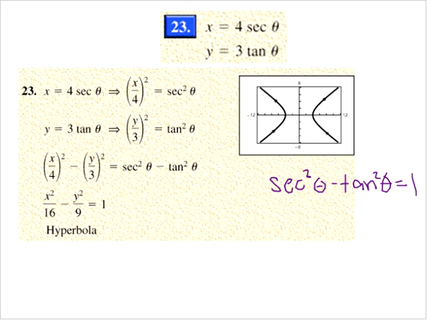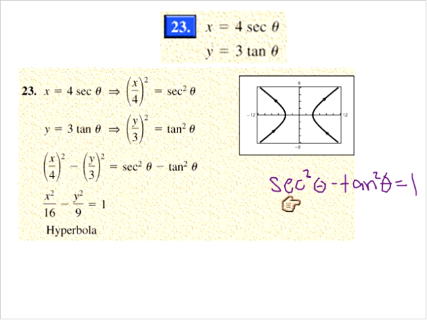So if I can solve for secant and tangent and then use that same idea that I did in the last problem by squaring it, I can substitute it into that identity. To get secant by itself, I would have to divide each side by 4. And to get tangent by itself, we'd have to divide each side by 3. Again, we will have to square those so that I can get secant squared and tangent squared.